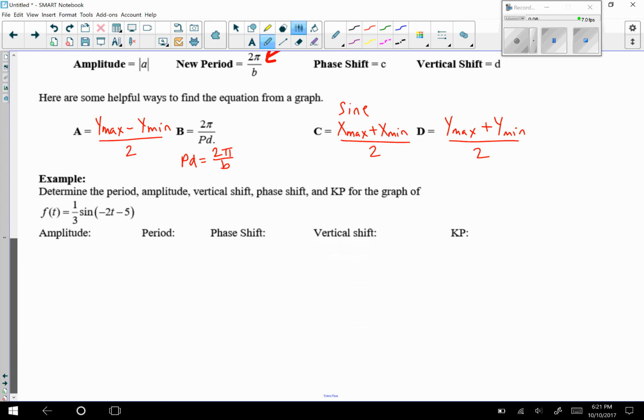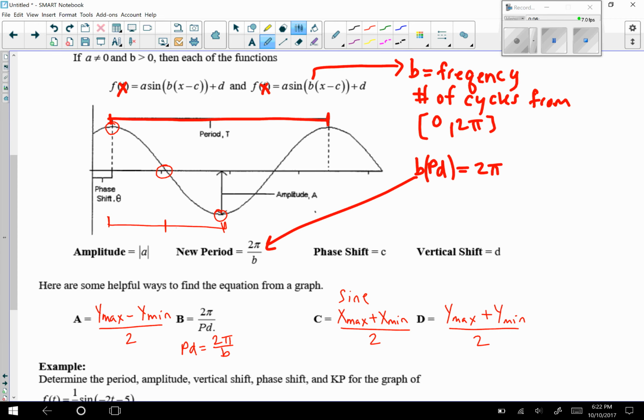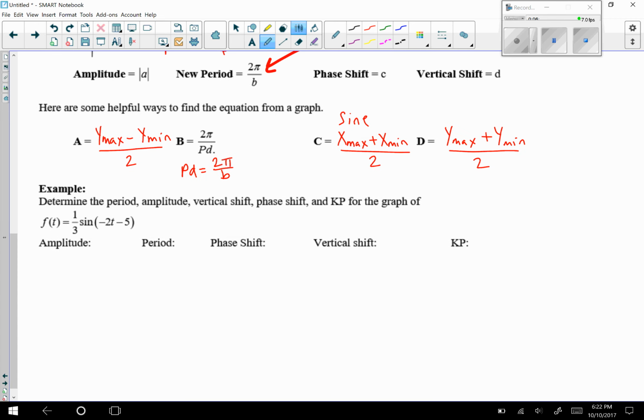It says determine the period, amplitude, vertical shift, phase shift, and key points for the graph of this function that we have here. So the first thing you always want to do is make sure that if that b value is not in factored form, you go ahead and factor that out. So that's the first step. So I'd have y is equal to 1/3 times the sine, and then we're going to factor out that -2.